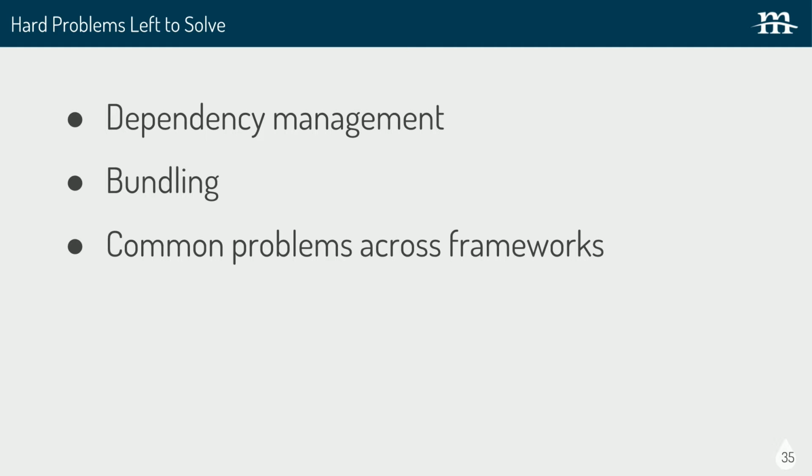Bundling is another hard problem that we deal with because editorial teams are the ones that get to make the decision about which components go on pages, and because those components can be reused, but we can't know in advance which components are going to be on any specific page.